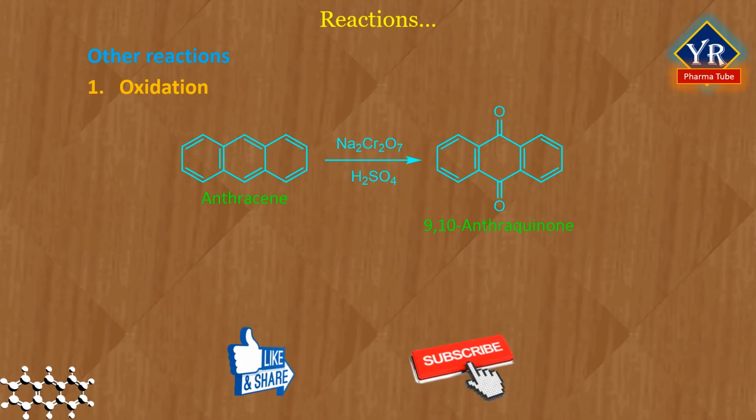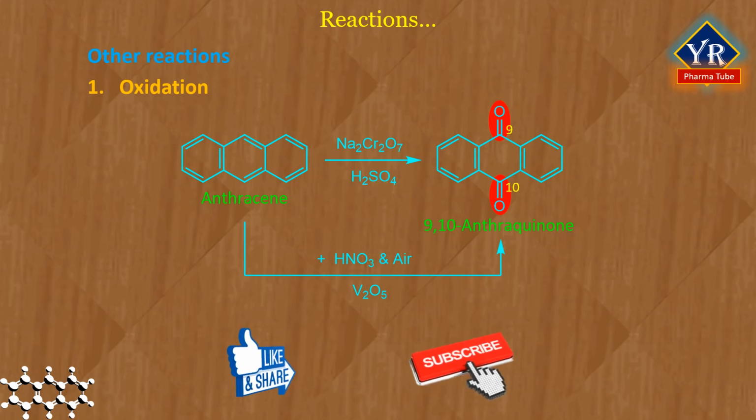Anthracene is less resistant toward oxidation than naphthalene. Anthracene undergoes oxidation with sodium dichromate and sulfuric acid to form 9,10-anthraquinone. Other oxidizing agents like nitric acid and air in the presence of vanadium pentoxide lead to the formation of 9,10-anthraquinone.